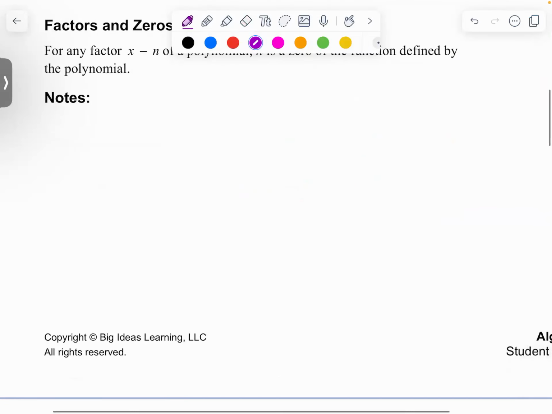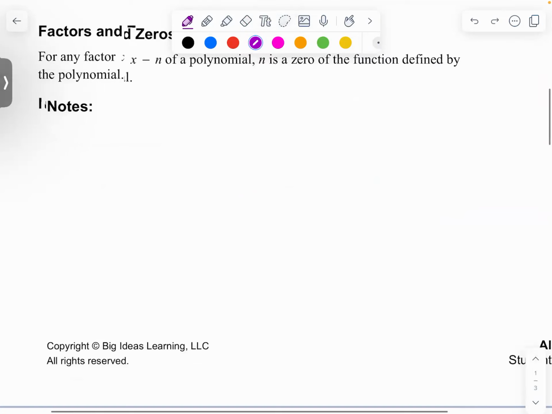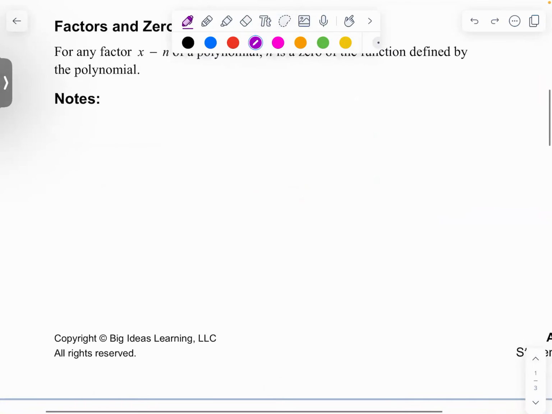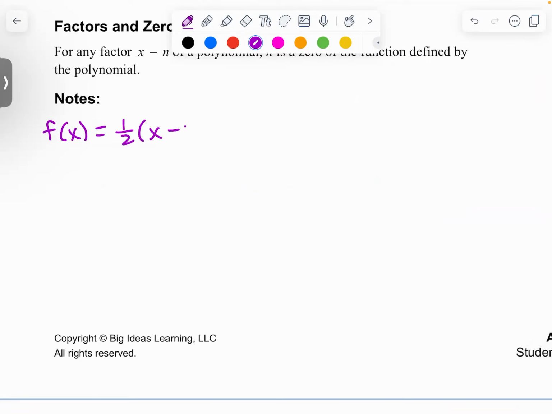I want you, this is like the bottom of that page where it says notes, to write f of x is 1/2 times x minus 4 times x plus 2. Write that for me. Tell me some things that we know.